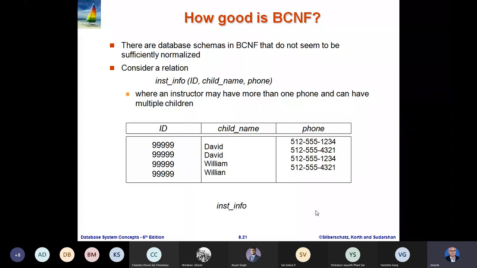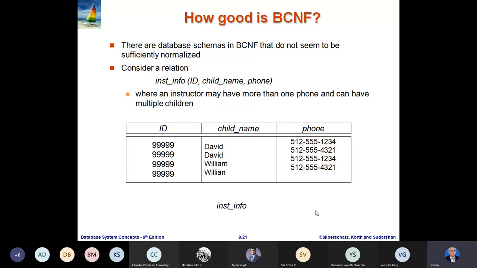Now, if we keep this all together in one relation, then what we notice is that if we keep the phone along with the child name, then the same phone number we have to repeat for both the children. So I have 512555 1234 for David, and also with William, which are the first and the third tuple, and similarly the phone number 4321 with David and William, which are the second and the fourth tuple.